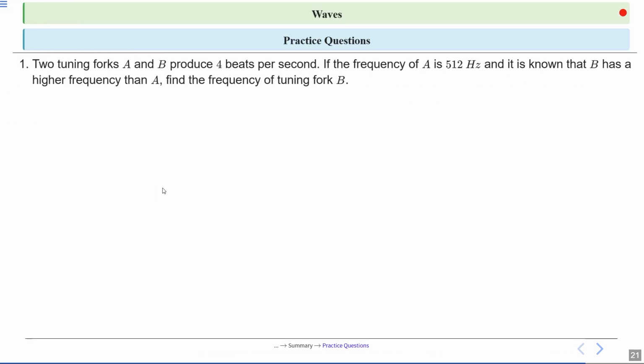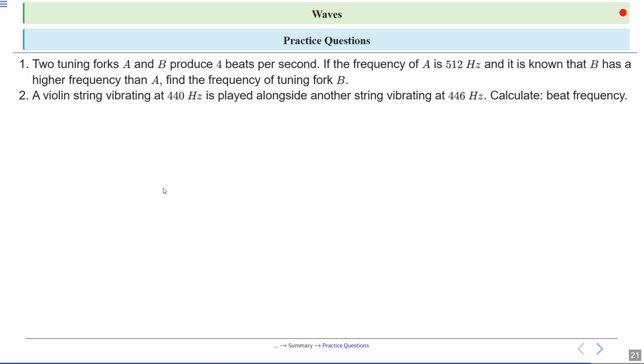Now we have practice questions. First, two tuning forks A and B produce 4 beats per second. If the frequency of A is 512 Hz and it is known that B has a higher frequency than A, find the frequency of tuning fork B. Second, a violin string vibrating at 440 Hz is played alongside another string vibrating at 446 Hz.